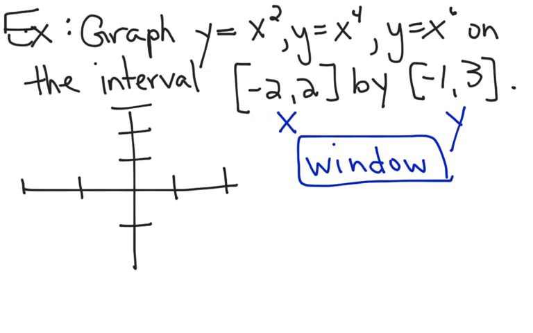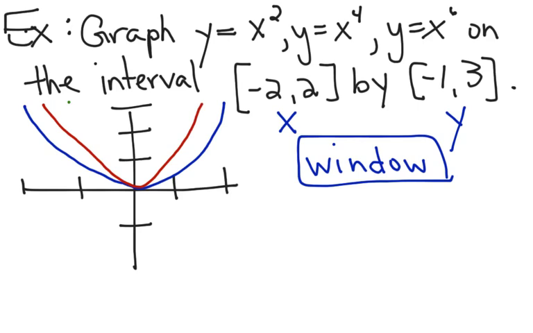Y equals x squared kind of looks something like this. Y equals x to the fourth, a little more like this. And y equals x to the sixth. Oh, that red one is not as good as I wanted it to look. It looks more like this.